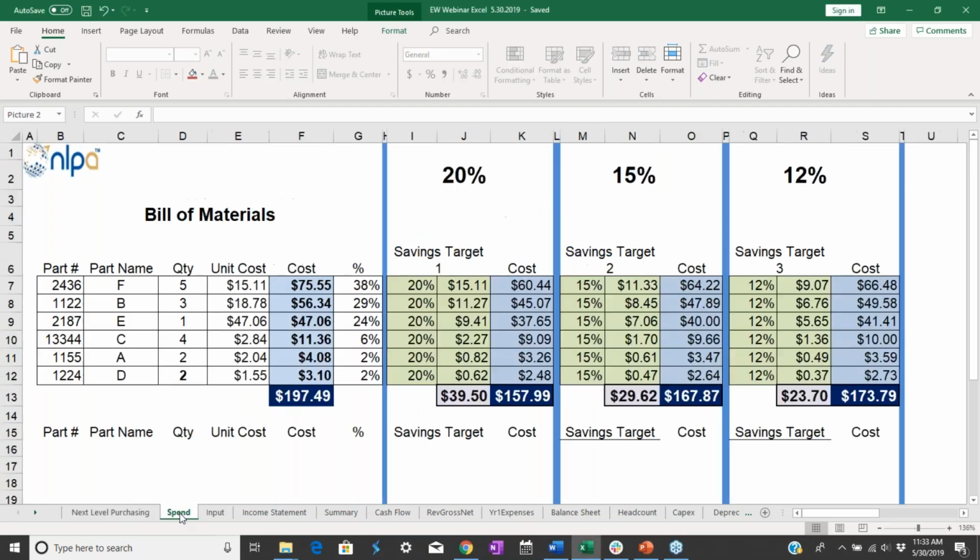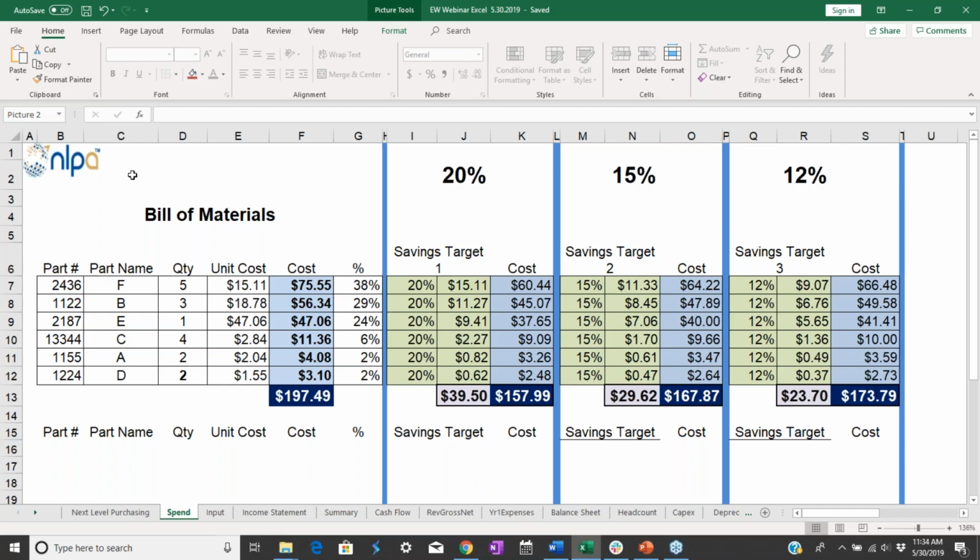So we're going to leverage for our exercise today a simple bill of materials, and we're going to just use the bill of materials and the price points for all the subcomponents.